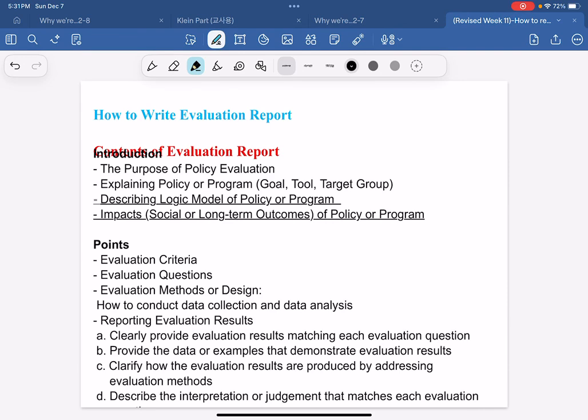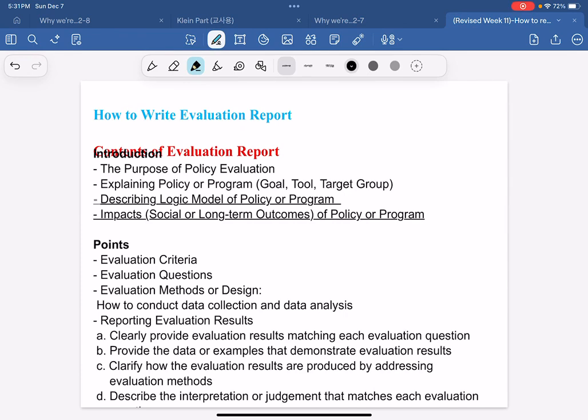And then, when evaluators provide the logic models, the logic model may include the impact of policy or programs. Impact means, as we learned, impact is the long-term outcomes of policy. And point, after the introduction, the point should be written, and the point is the main area of your evaluation result, and the point needs to include the evaluation criteria, evaluation questions, evaluation method or design.